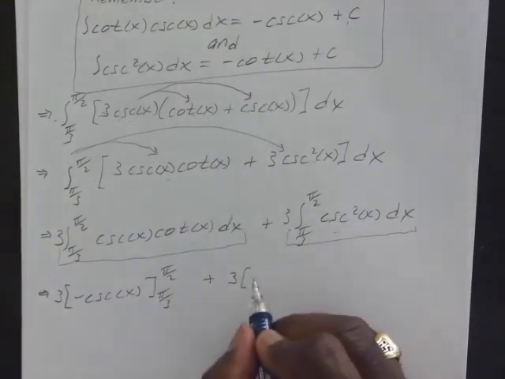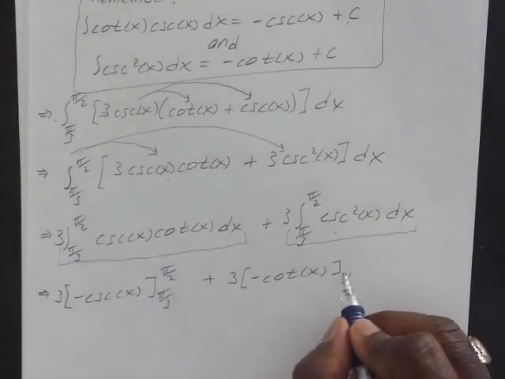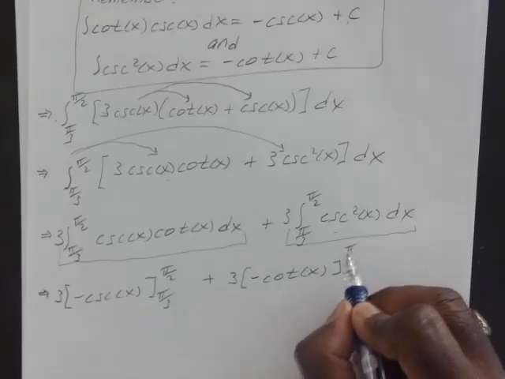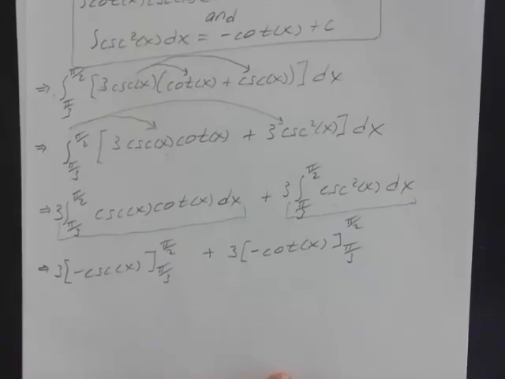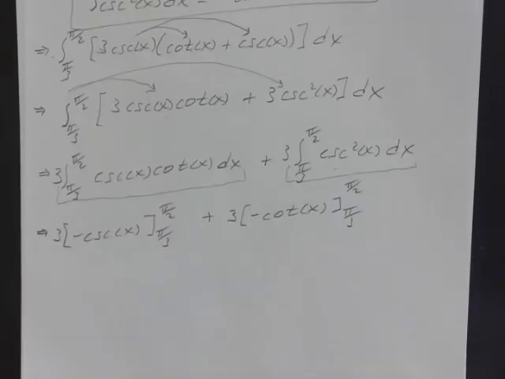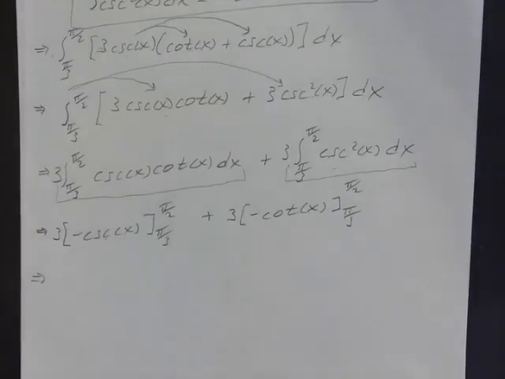So that integral just becomes negative cotangent of x from pi over 3 to pi over 2. Okay, so now we just go ahead and apply the fundamental theorem to both terms.